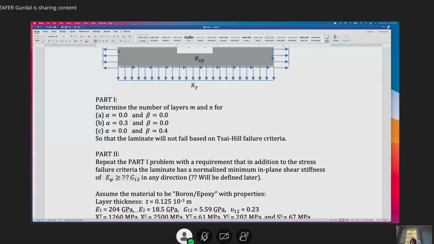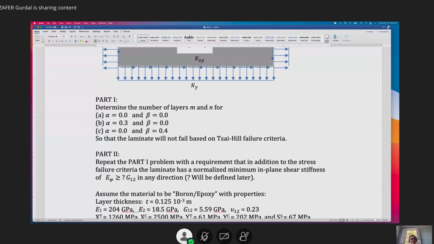So I don't know whether it's going to be 1 or 1.5. I'm going to decide on this E sub phi requirement once I see the kind of designs that we're getting.